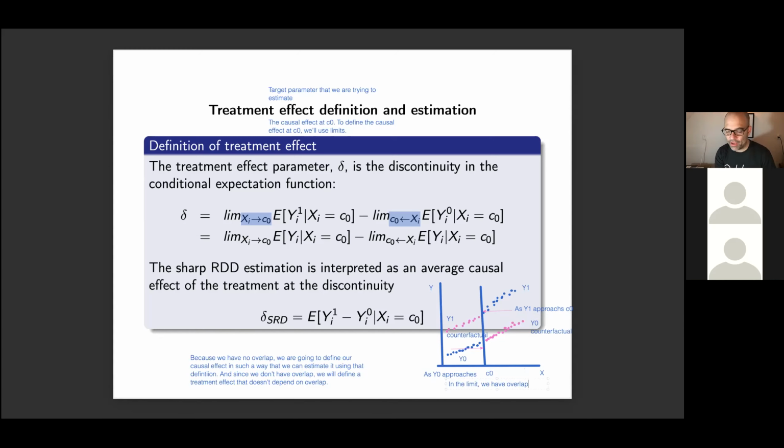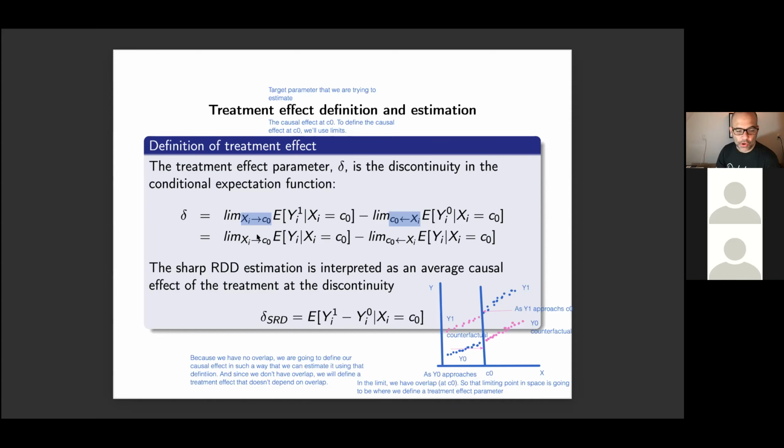In the limit, we have overlap at C0. So that limiting point in space is where we define the treatment effect parameter.